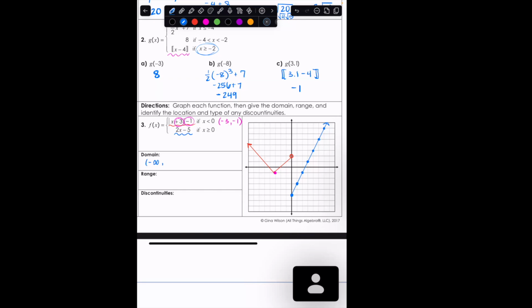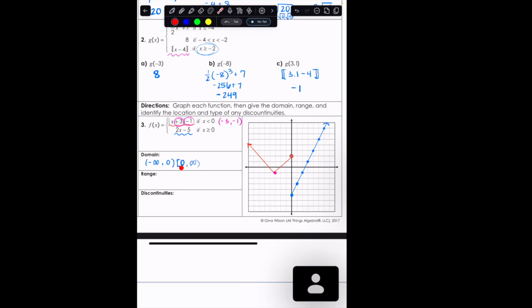Different people will do this different ways, so I'm going to show you both ways. I think technically the most correct way to show that there's something weird going on at 0 is to say this first one ends at 0 with an open circle, and then the next one picks up at 0 and goes forever in that direction.